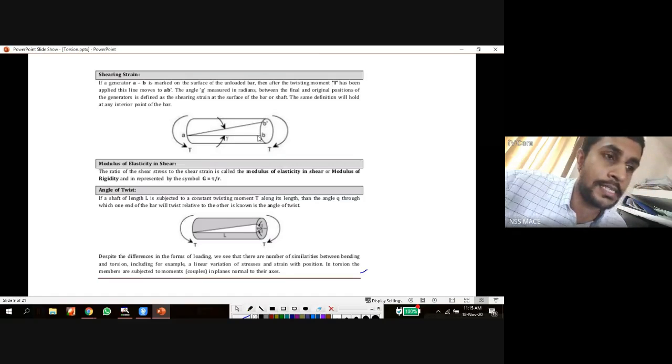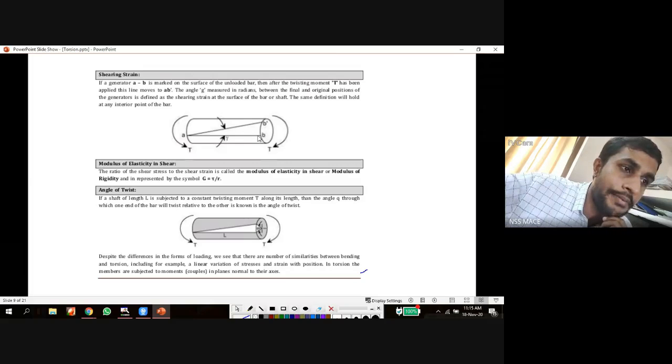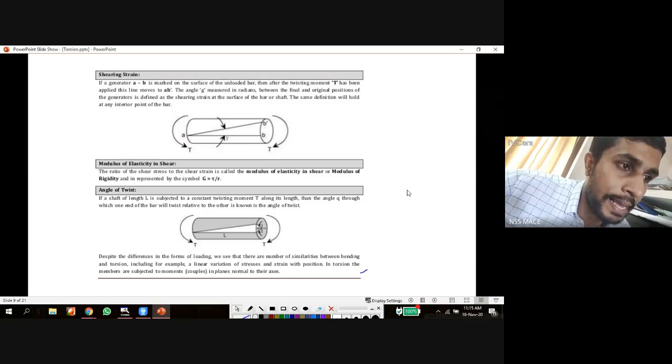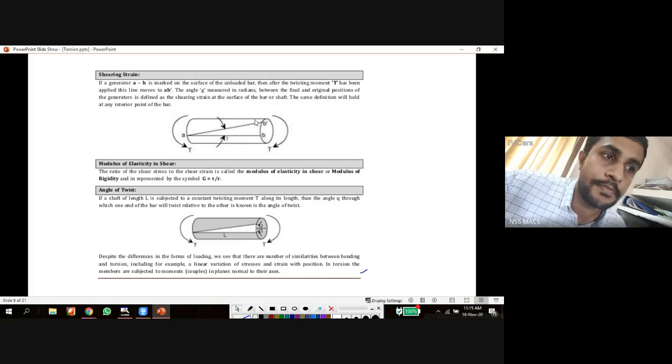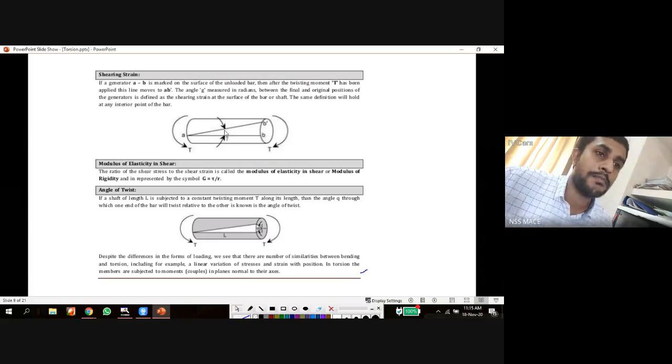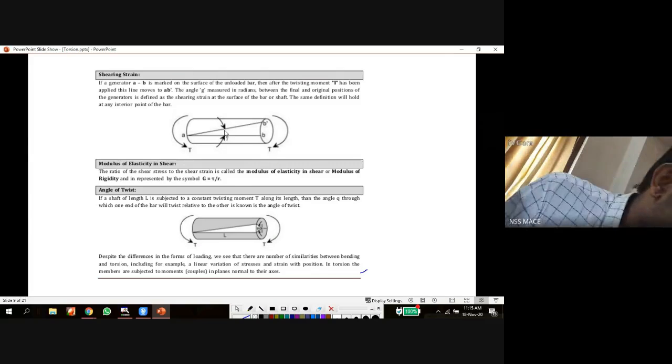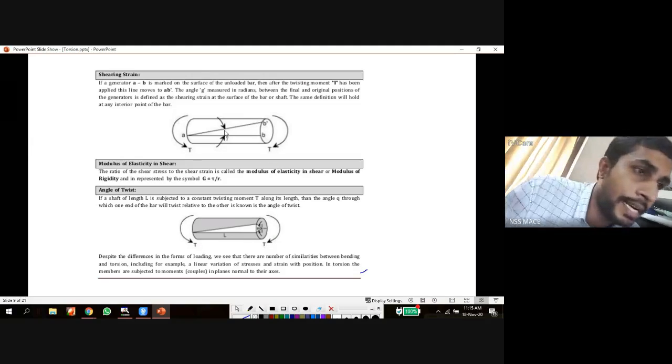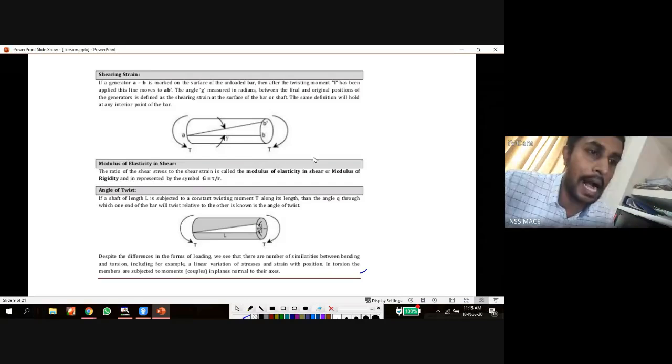Initially it was straight, parallel to the axis of the shaft, but after applying a torque, it is shifted to AB dash. The angle between AB and AB dash is measured as shearing strain, in radians. This angle, gamma, measured in radians is called shearing strain.